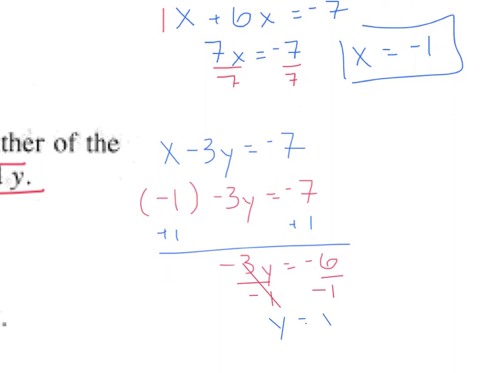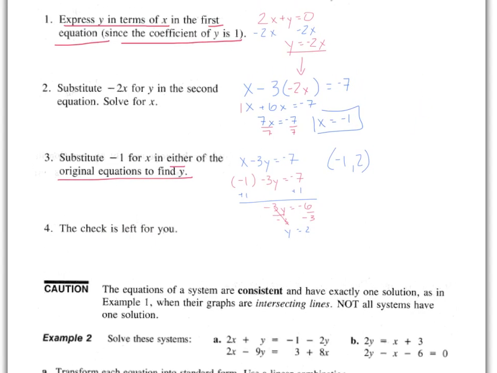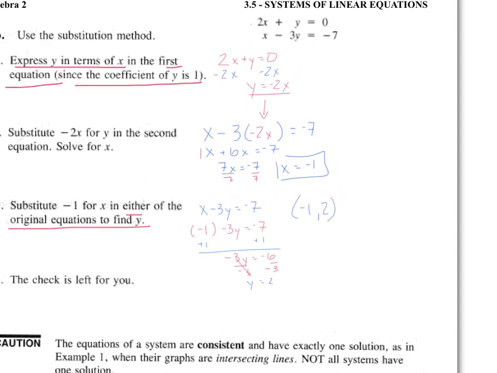Now I have negative 1, 2, and then we're going to check, because that's always what we need to do. We think we have a solution, -1, 2. We check it in both of the original equations. So, step 4 is up here.